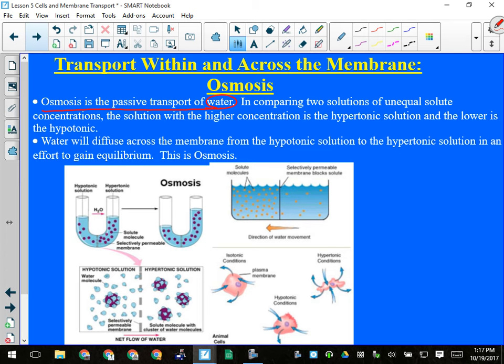concentrations are equal. So if I'm in a lifeboat in the middle of the ocean and I drink a bunch of salt water, how is that going to affect me? Exactly. I'm going to get dehydrated and I'm going to feel thirstier because if I consume a bunch of fluid that has lots of salt in it, the concentration of salt in my blood and in my tissues is going to go up.